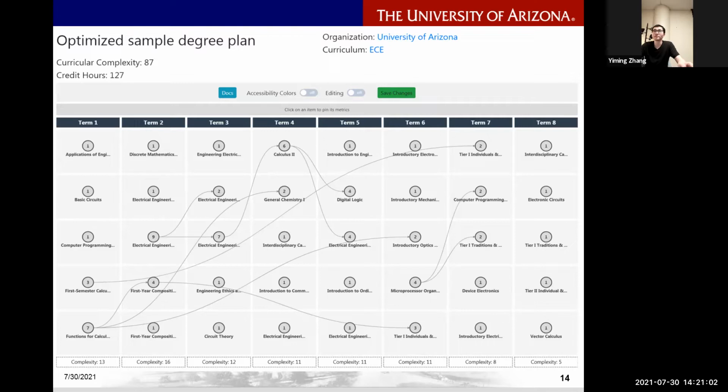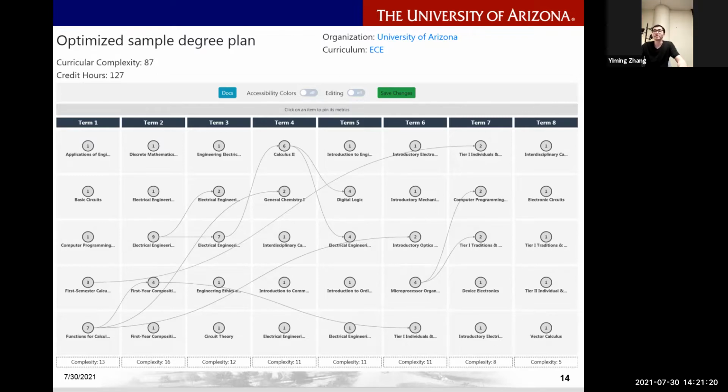So I think in the future, I need to either add more constraints to limit the range of learning outcomes, or otherwise we can rename some courses based on our specification.